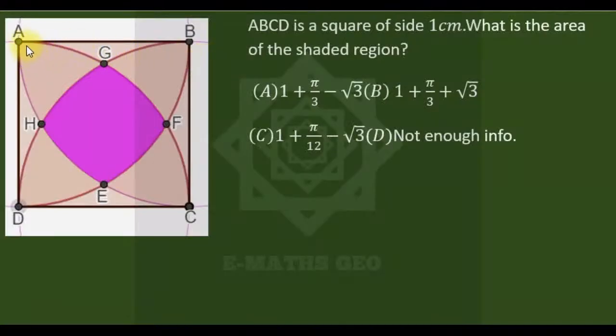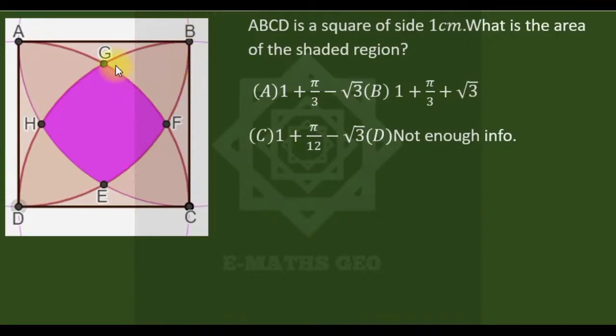Okay, we're given square ABCD of side 1 cm and we're asked to find the area of this shaded part. The easiest way to solve this is to subtract the area of this part from that of the square.